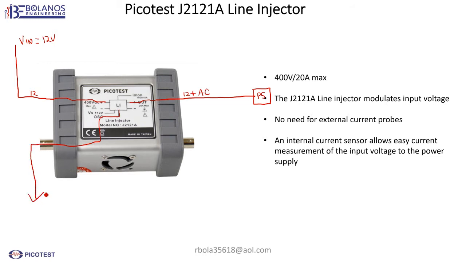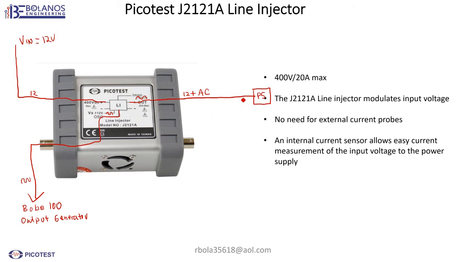So this BNC, you connect to your Bode 100, and you connect it to the output of the generator. So the generator is going to put a wiggle, a sine wave. That wiggle goes in and will travel along with the 12 volts.